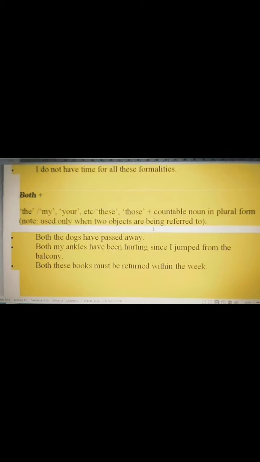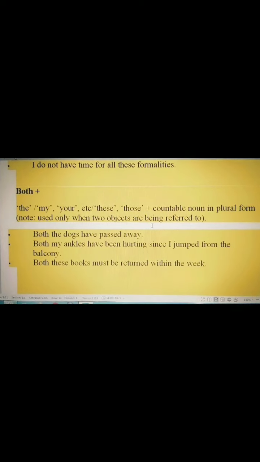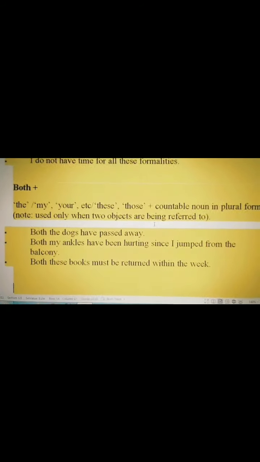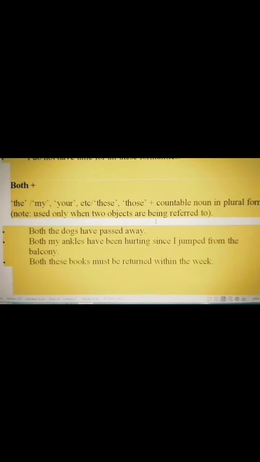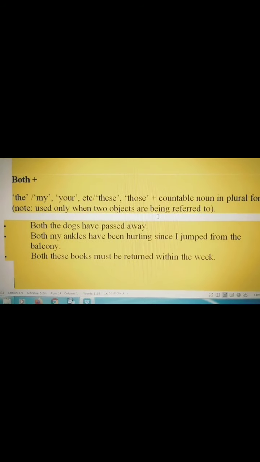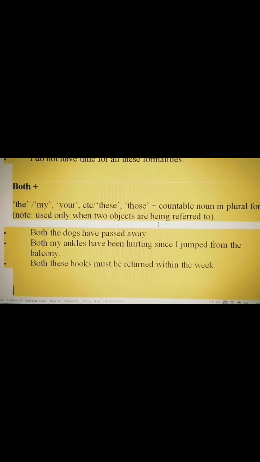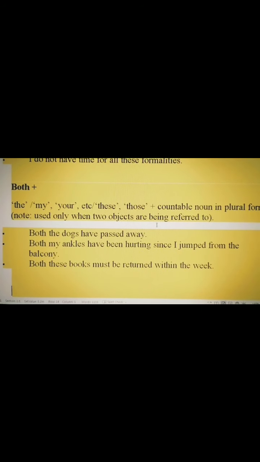Now we'll see the use of both when you are using it with my, your, and these or those. So just look at the example. Basically both is used when you are talking about two objects only. The examples: both the dogs have passed away. Both my ankles have been hurting since I jumped from the balcony.